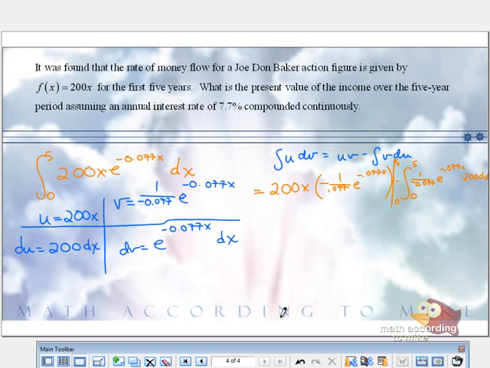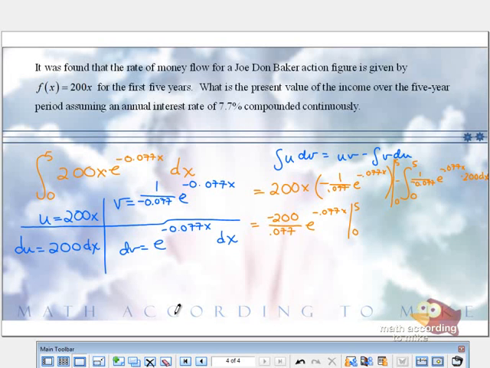All right, let's clean this puppy up. First off, in both terms here, you'll have a 200 over the 0.077. They both happen to be negative. So we can write it as negative 200 over 0.077 from 0 to 5. And the second one, you can do the same fraction, but you can bring it outside in front of the integral.